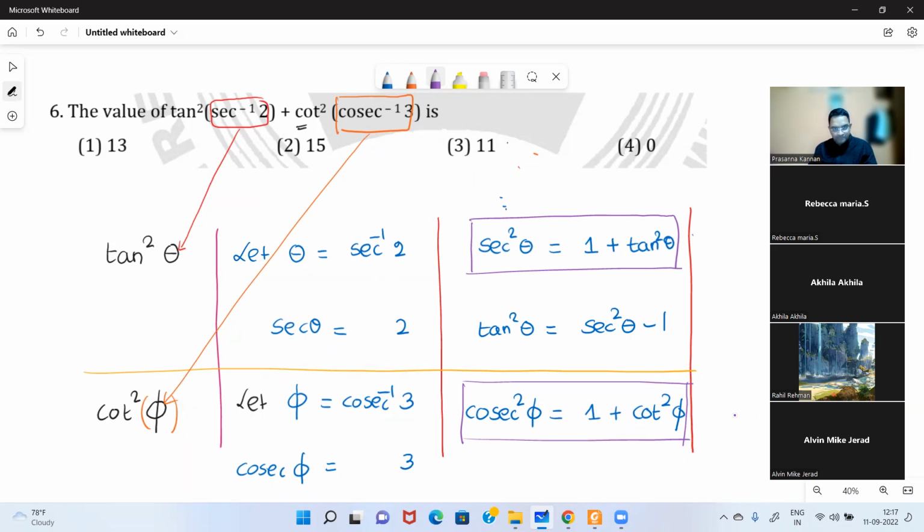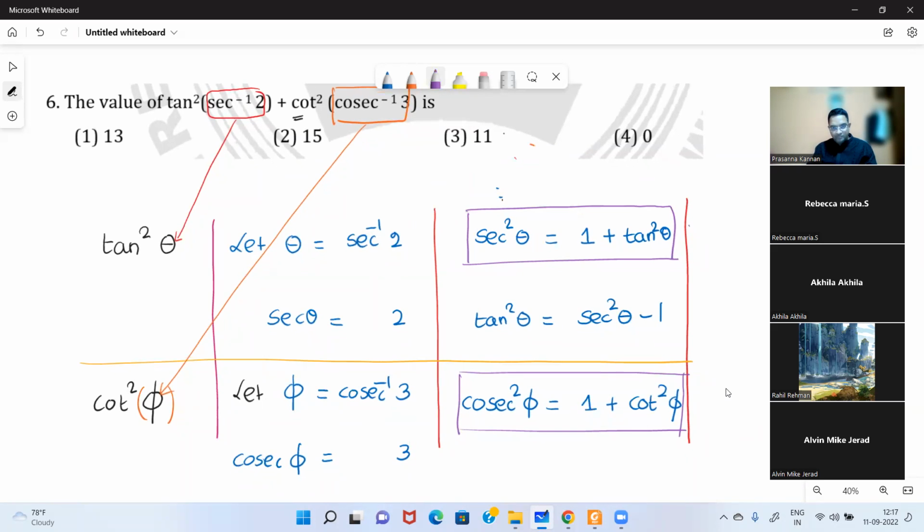Clear? So what is cot square phi equal to? Cosecant square phi minus 1. Are you clear? So now this is what we are going to use for solving our question.